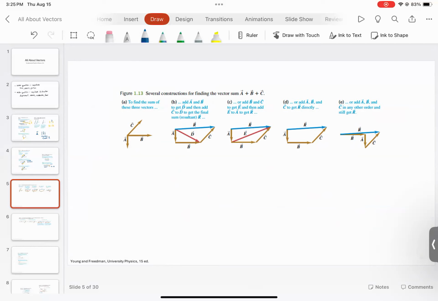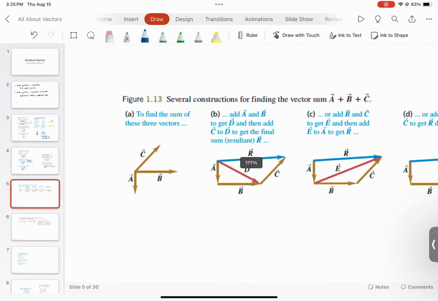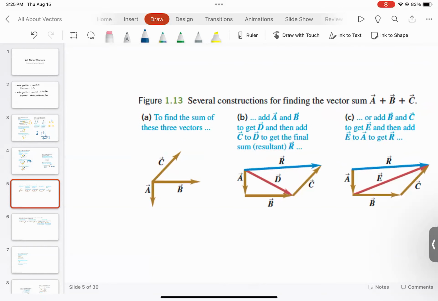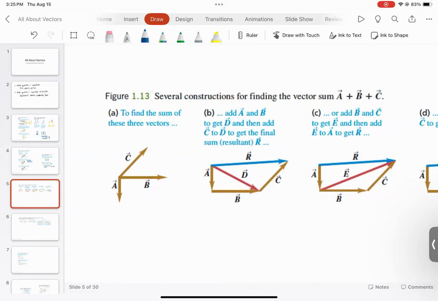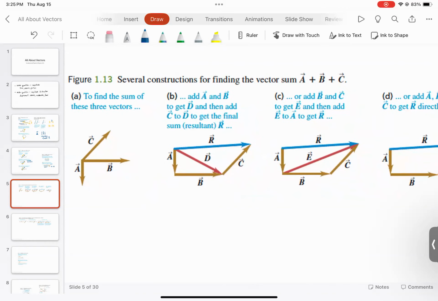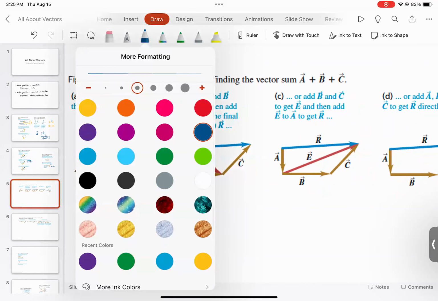So we now see if we have more than two vectors, we can continue to use itong graphical method in this way. Diba? So itong method na ito, ang unang method is yun nga, idudugtong mo sila tail to head, diba?